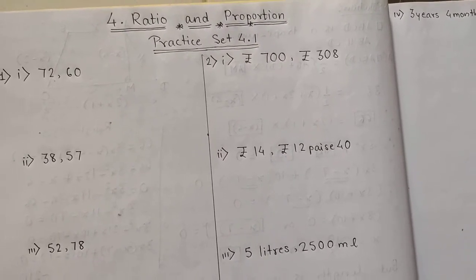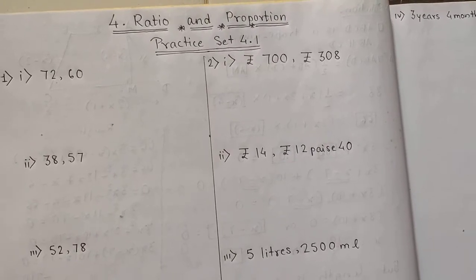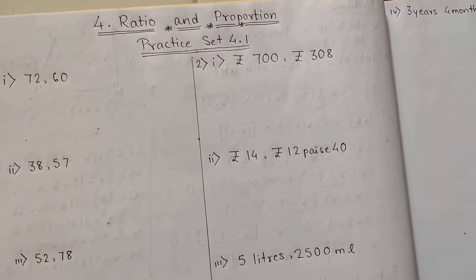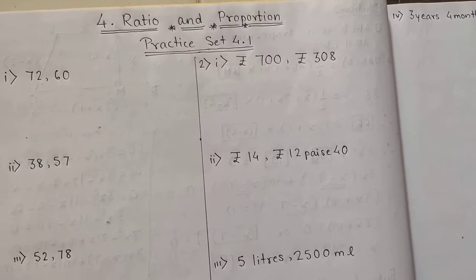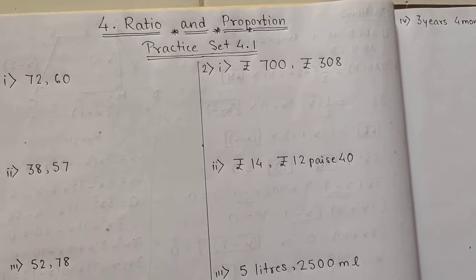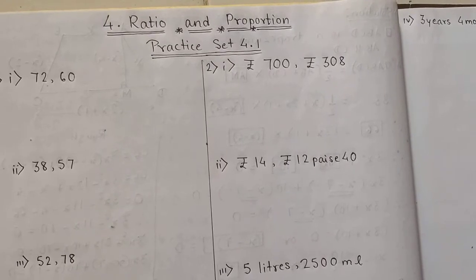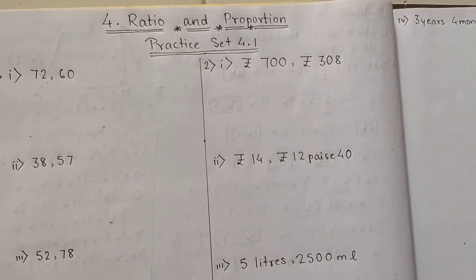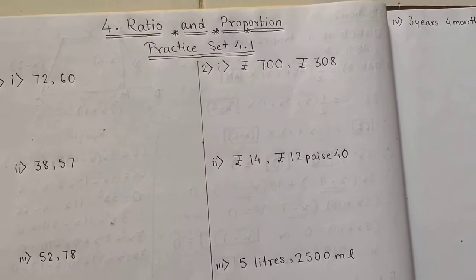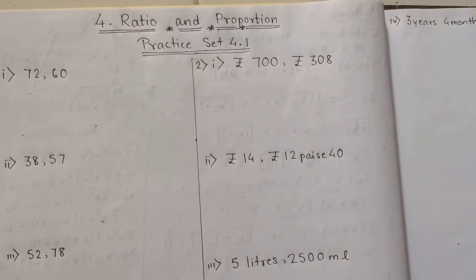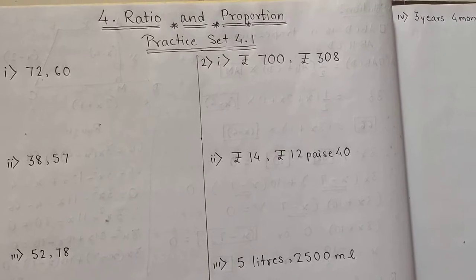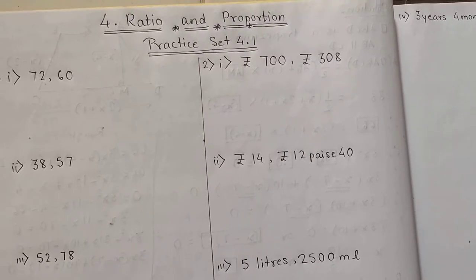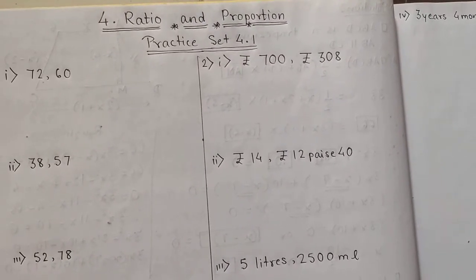Whenever demand is high, your supply is also high, so that is known as direct proportion. It means one quantity is increasing, and the other quantity is also increasing. What about inverse proportion? Inverse proportion is just the opposite of that. In this case, one quantity is increasing and the other quantity is decreasing.